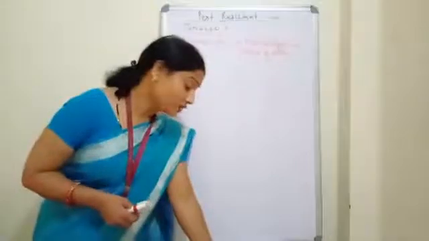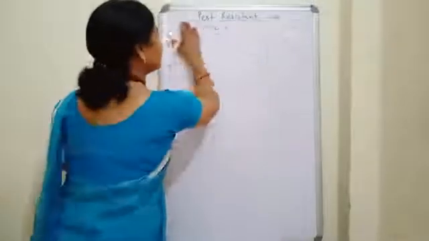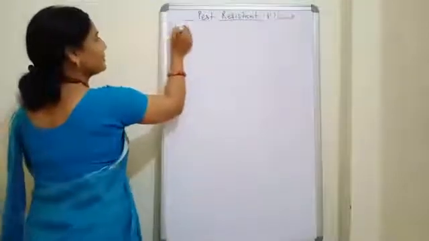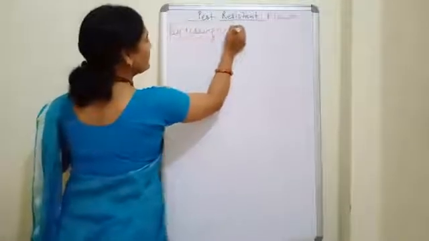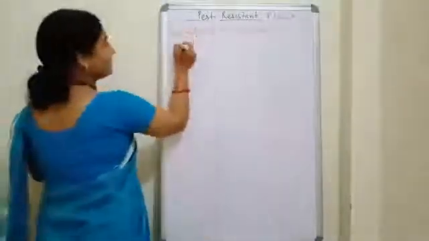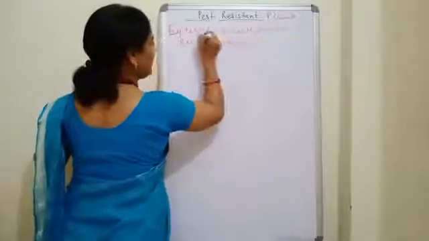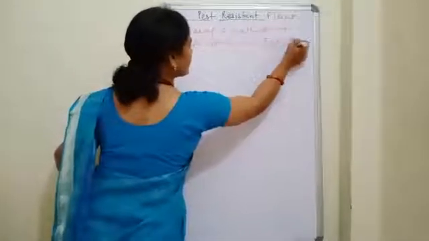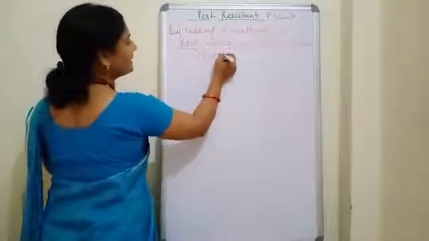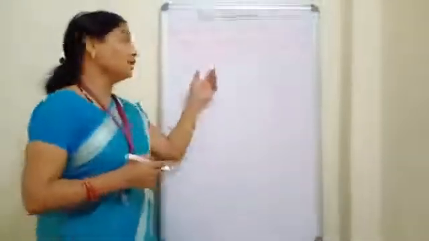Now we can obtain a pest resistant plant by using a method named RNA interference technique, commonly called the RNAi technique. Now see, what is this technique?